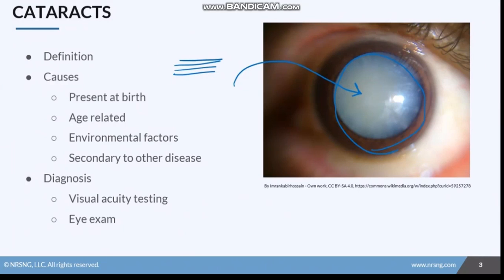They can also be secondary to other diseases, such as diabetes. Diagnosis is based on visual acuity testing, so we use the Snellen chart for that, and by performing an eye exam. The eye exam will show the clouding of the lens.